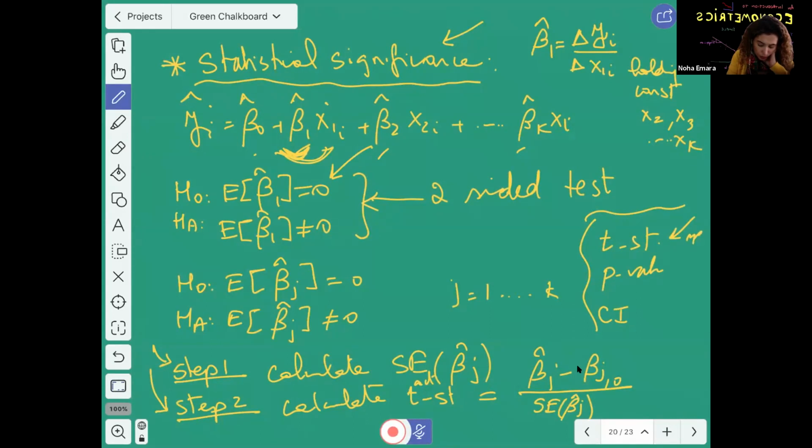The p-value gives you a percent that needs to be compared with the significance level. The confidence interval gives you an interval that you want to make sure does not include 0. So you have different ways. As long as the question doesn't ask you which one to choose, you can choose the one that you prefer. Of course, the t-statistic is the easiest.